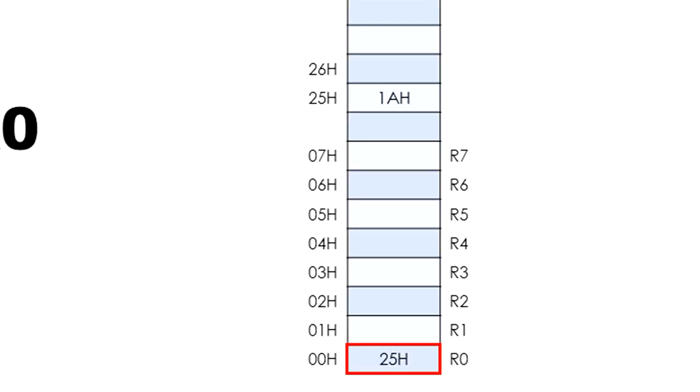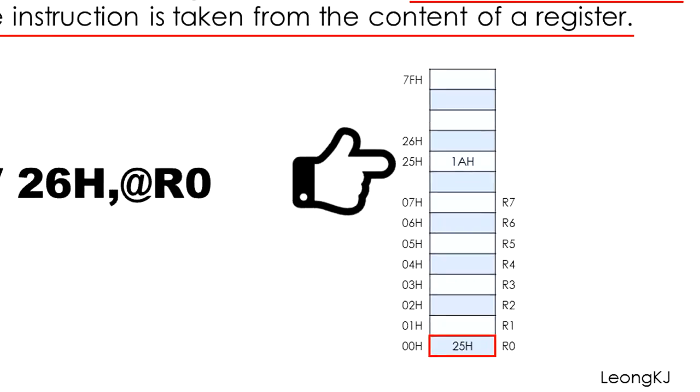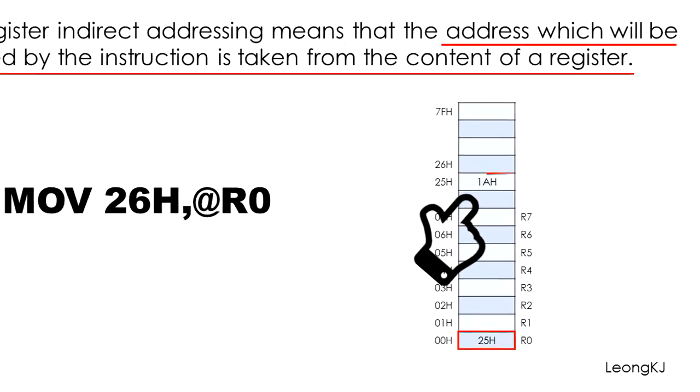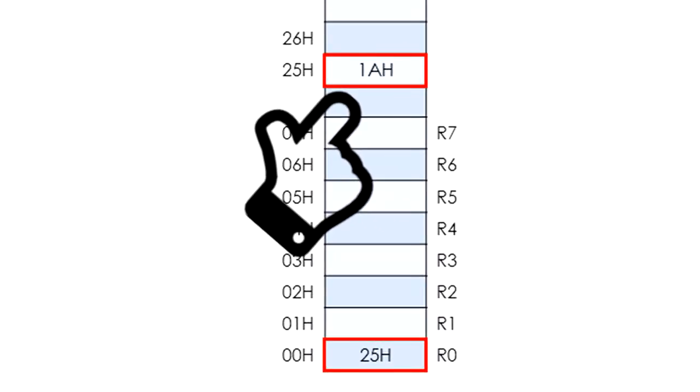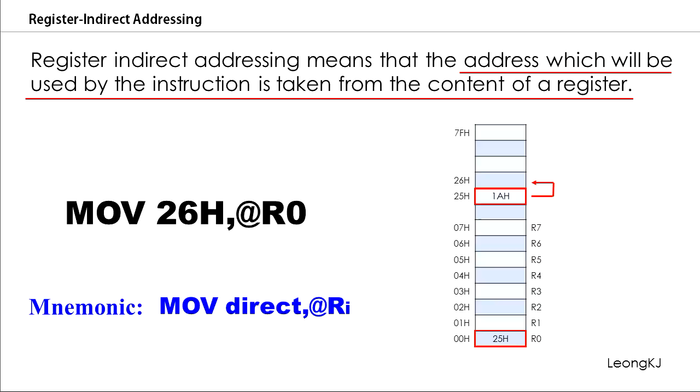Therefore, 25 hex is an address, and this address refers to the direct address. The value of this operand is therefore 1A hex. This content is moved to direct address 26 hex. The mnemonics of this instruction is move register indirect to direct.